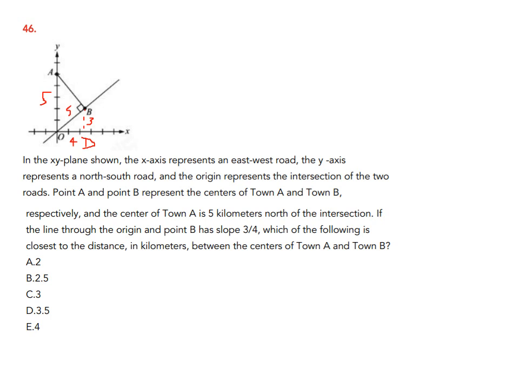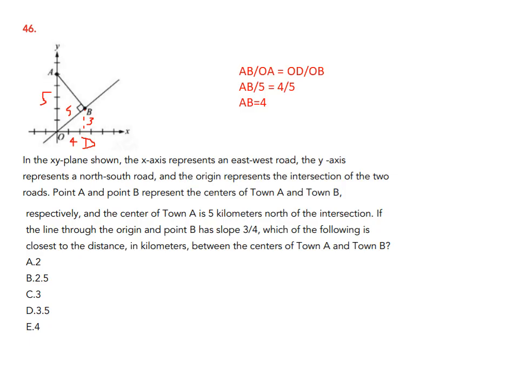Now what do we need to find out? Which of the following is the closest to the distance in kilometers between the centers of town A and town B? Now AB divided by OA equal to OD divided by OB. Notice that OD is the base, and in the same way, AB is also the base.